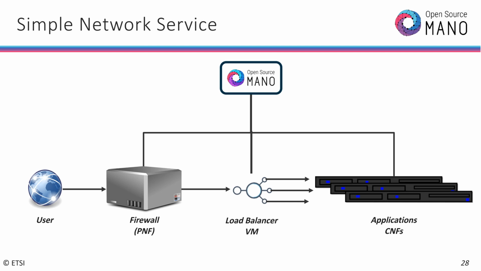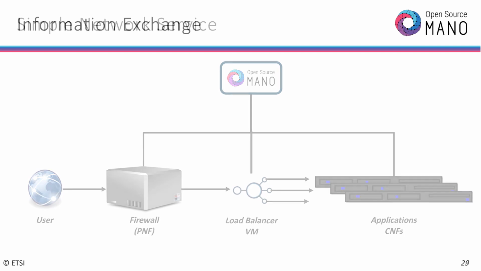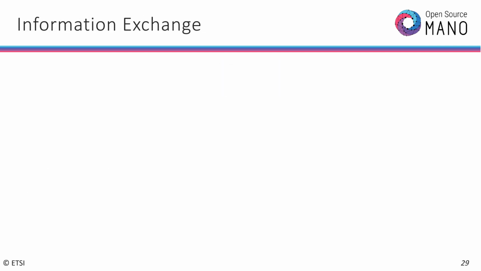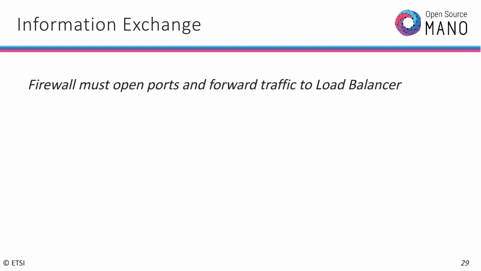So I'm going to dive in a little bit on how the load balancer and firewall know about each other and how to open ports. There's an information exchange that needs to happen between these two services, one being physical, one being a virtual appliance that we just deployed. So the firewall has to open ports and forward traffic to our load balancer.